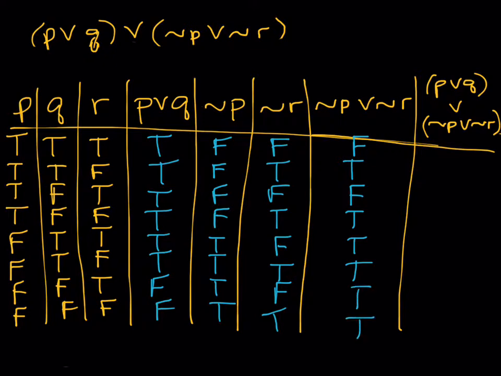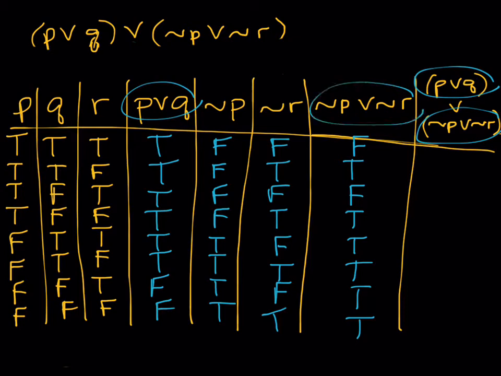And then finally, I have another column, and remember that this last one was for the OR symbol in the middle here. So I already have a column for P or Q, that's this one, and I already have a column for not P or not R. That's this one. So now I'm going to look at those two columns and follow the rules for an OR statement again. So I'm going to scan through and look for any that are false or false.